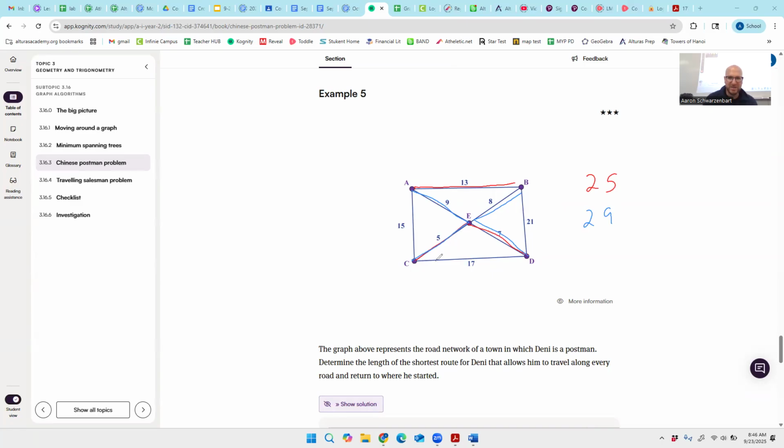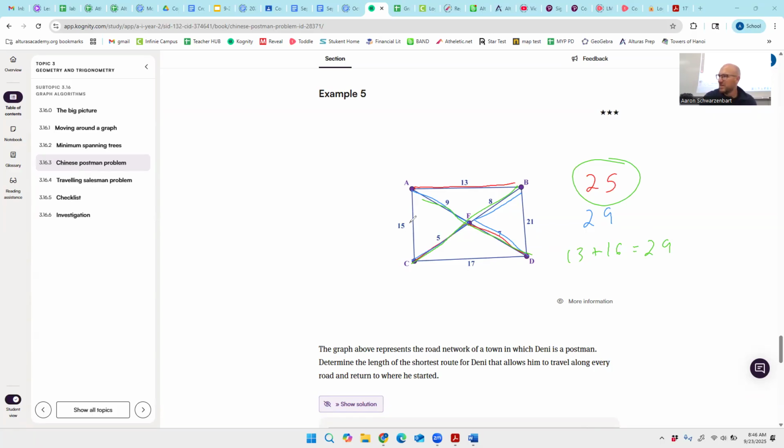If I'm doing CD, oh no, I already did that. What haven't I done? BC, 13 plus 16 is also 29. So I've got that. So I'm going to use that one.